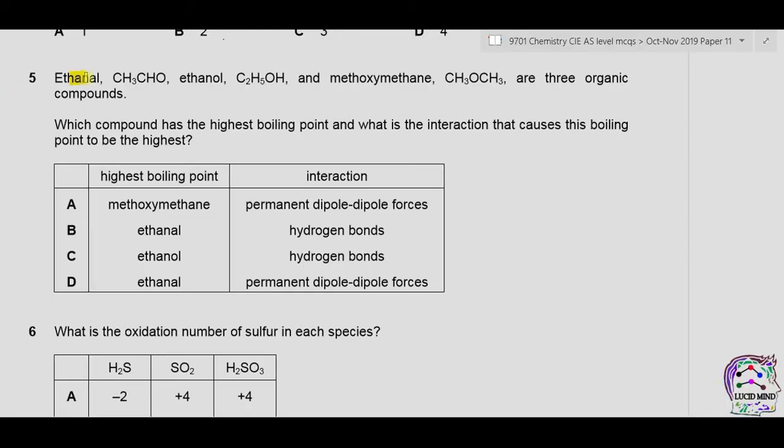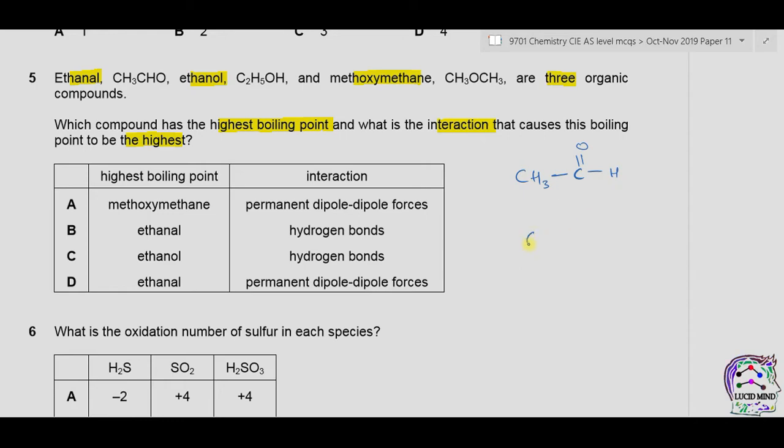Question 5. Ethanol CH3CHO, ethanol C2H5OH and methoxymethane CH3OCH3 are 3 organic compounds. Which compound has the highest boiling point and what is the interaction that causes this boiling point to be the highest? Let's draw the structures. First one is CH3CHO.